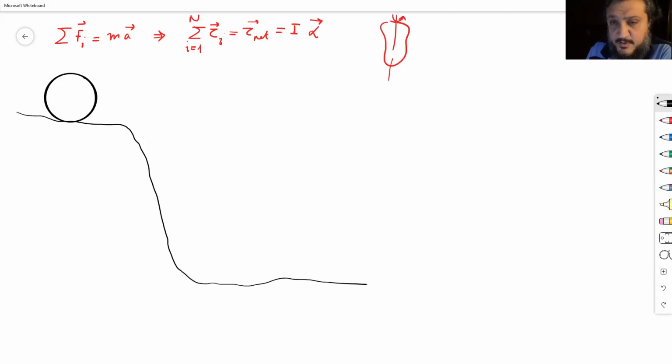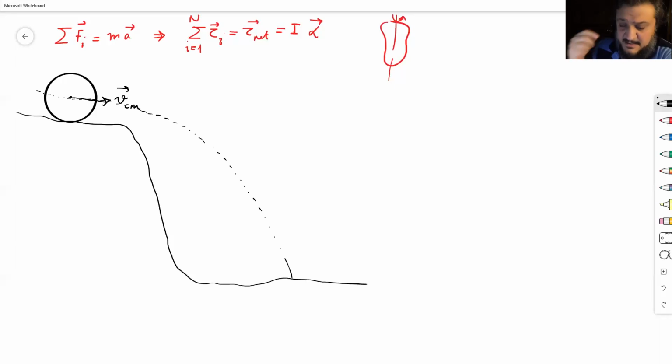So right before it hits the edge, it's supposed to move on a horizontal line. I'm talking about the center of mass now, which for a symmetrical wheel would be the geometrical center. So this arrow here represents the center of mass velocity. Once it leaves the edge, it's going to follow a roughly projectile path like this.